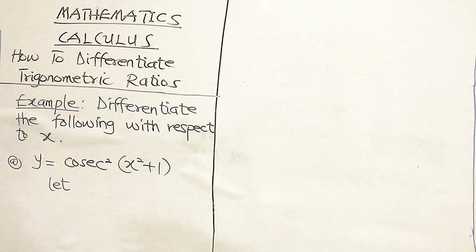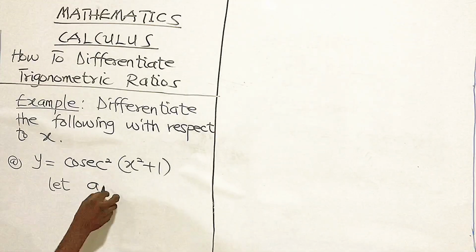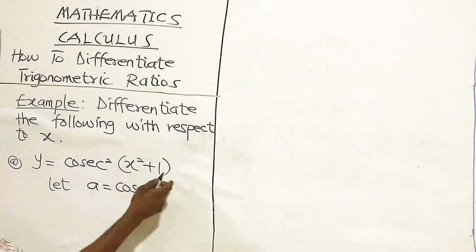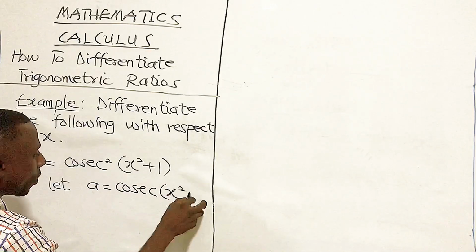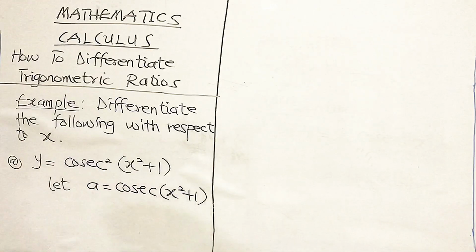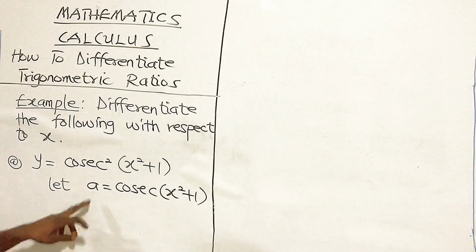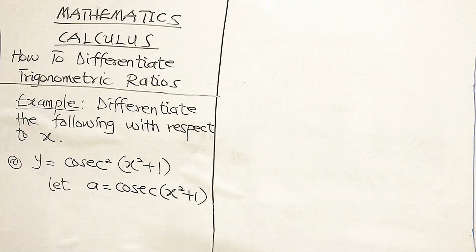So let any variable, let's say, a be equal to cosec with the function x squared plus 1. Then over here, we are going to differentiate a with respect to x.